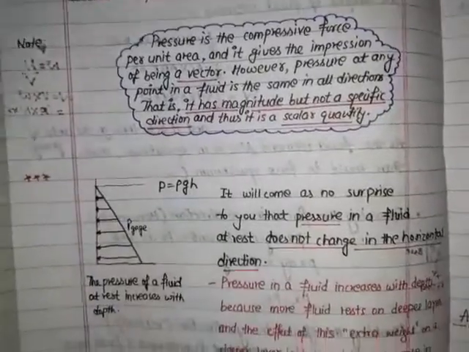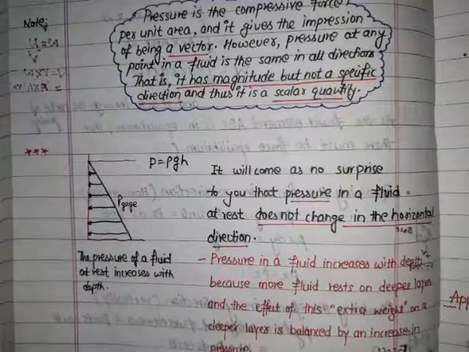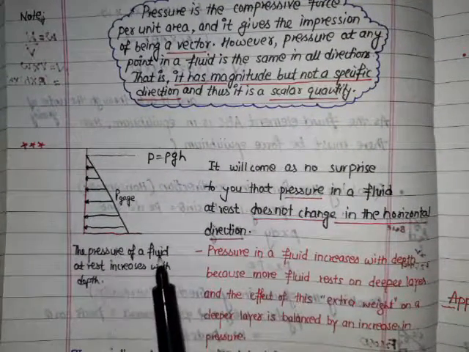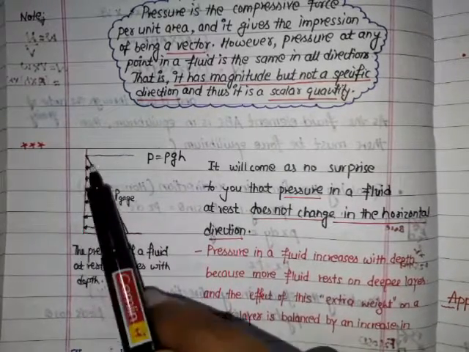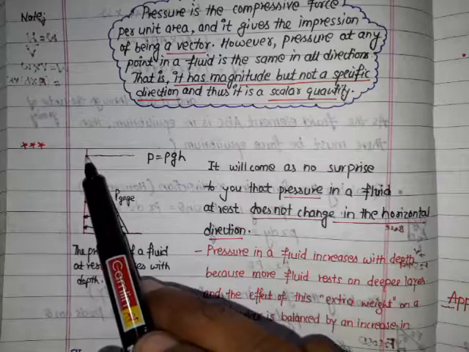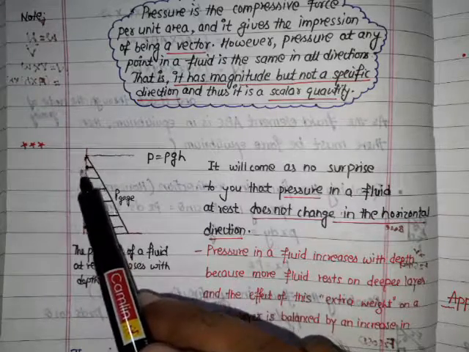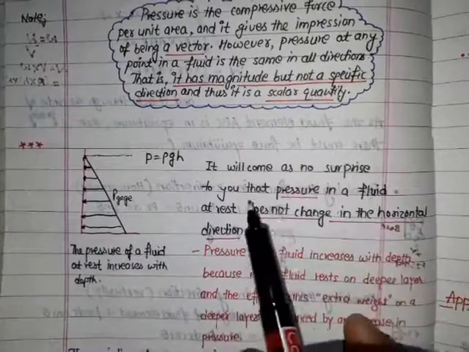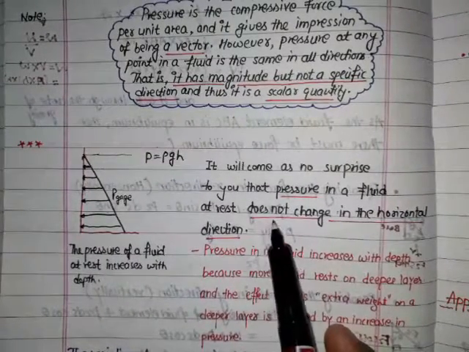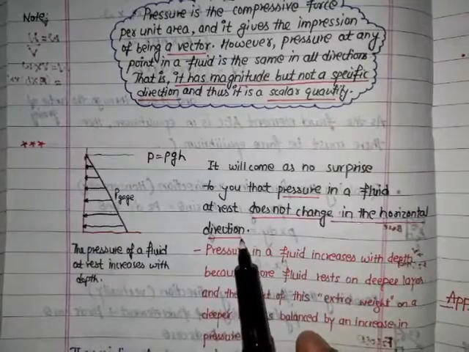And here we want to know about the variation of pressure. The pressure of a fluid at rest increases with depth. When we are moving from top to bottom, this is the free surface of the liquid, and here h equal to 0. When you are moving downward, the pressure goes on increasing. It will come as no surprise that pressure in a fluid at rest does not change in the horizontal direction.